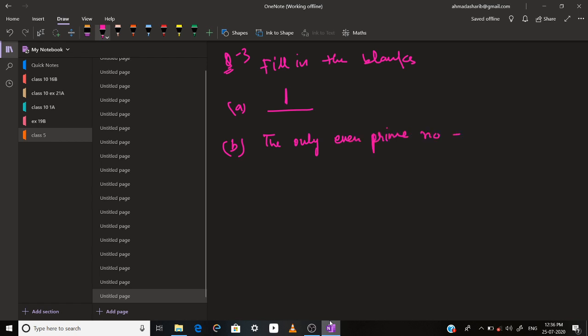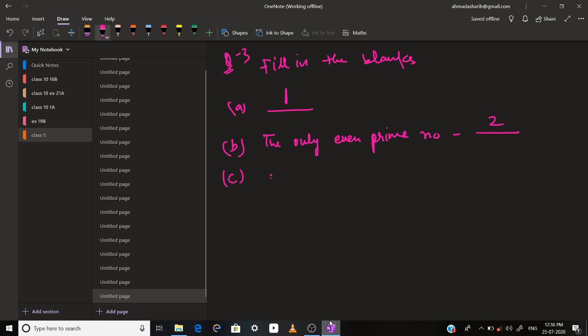The rest of all the prime numbers are odd. This is a very important point. I have told you 1 is neither a prime number nor a composite number.